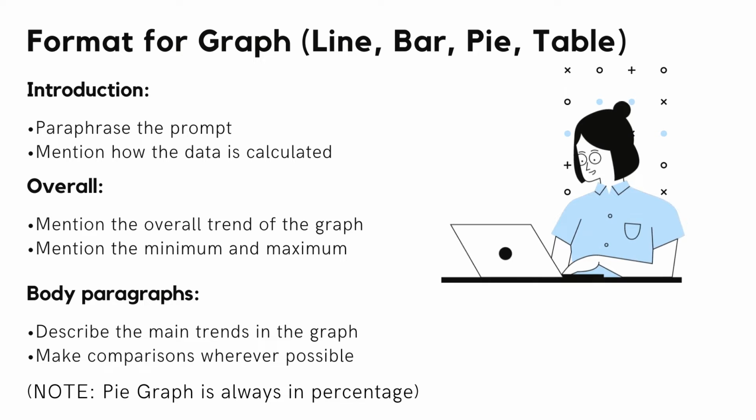Also, try to use different sentence structures here and then make comparisons wherever possible, because the same thing will be mentioned in the question as well. So this was all about the graphs. We will see the example for each task type in upcoming videos.